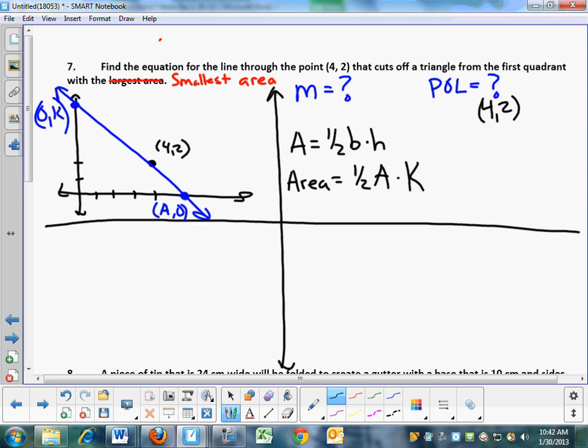Solve the area for A. Good idea. Nope, it doesn't work. Well, let's use this, okay?